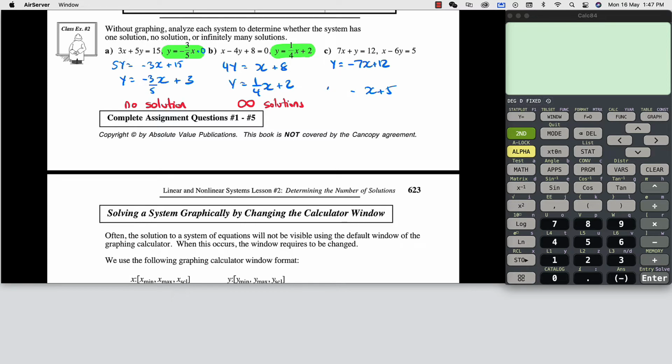We're going to get y equals 1 over 6x plus 5 over 6. So one has a positive slope, the other one has a negative slope. They've got different slopes, and they also have different y-intercepts. So at some point they will intersect, giving us one solution.